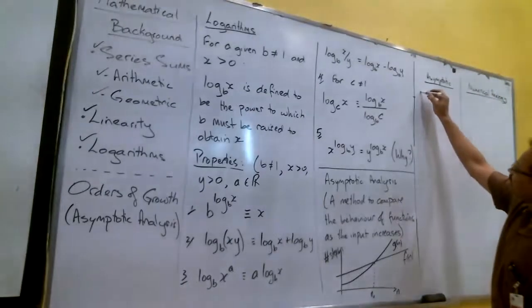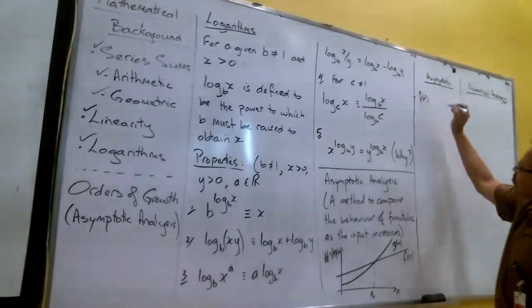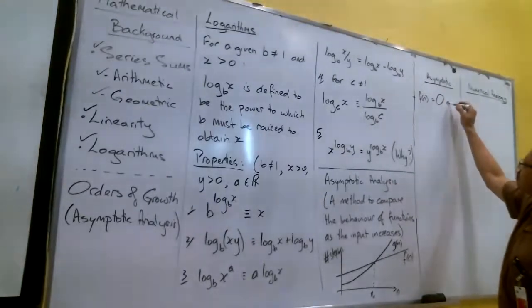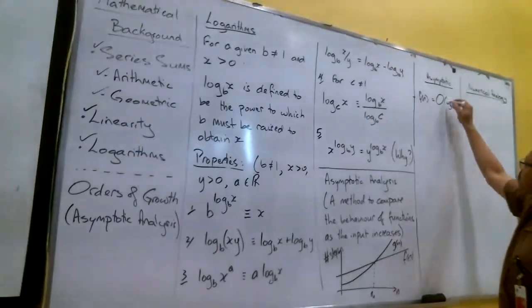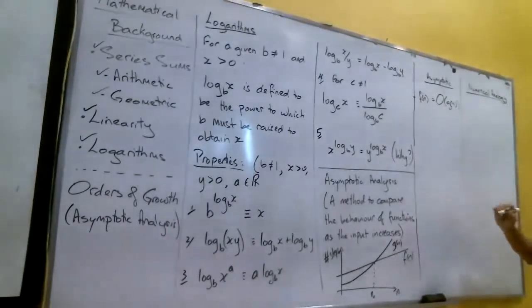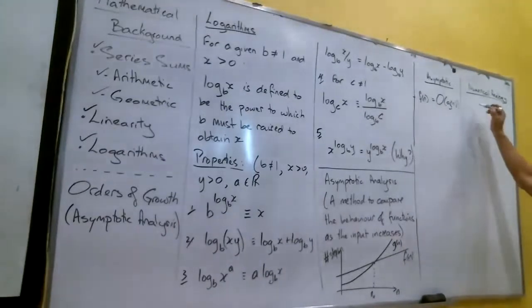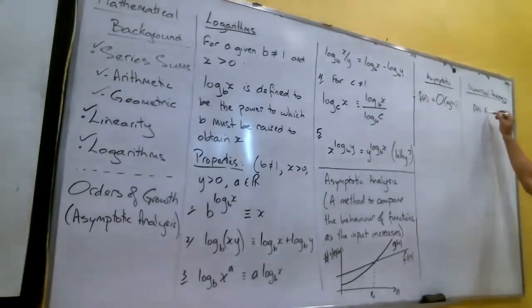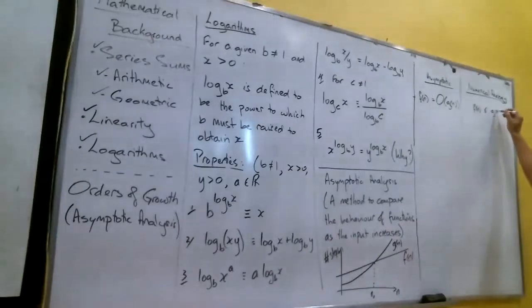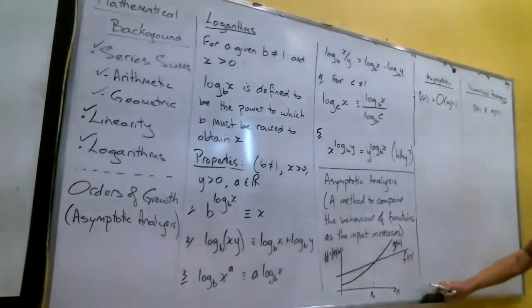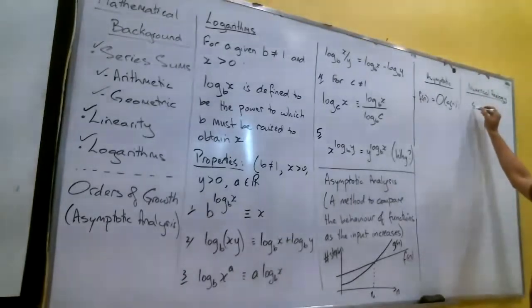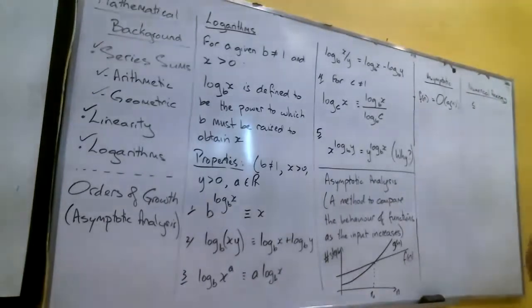If I say that f of n is big O of g of n, the numerical analogy is less than or equal to.